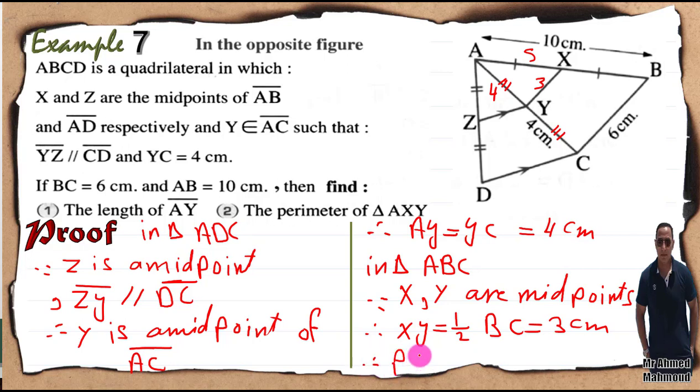Therefore, perimeter of triangle AXY equals 3 plus 5 plus 4 equals 12 centimeters.